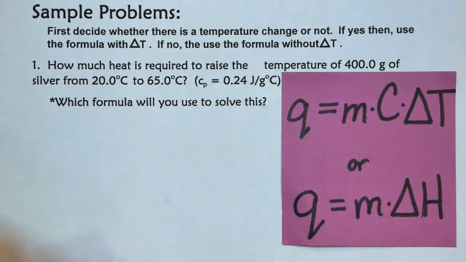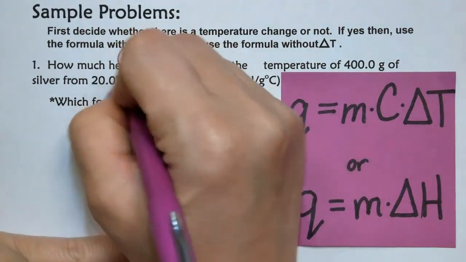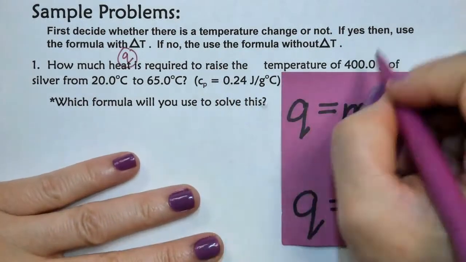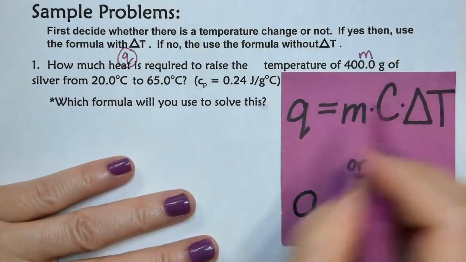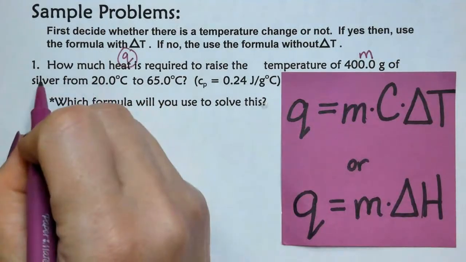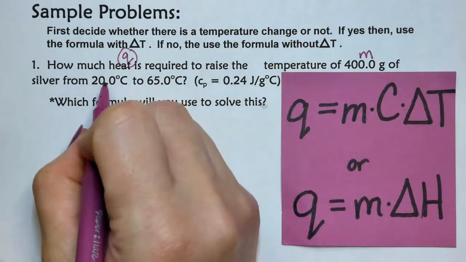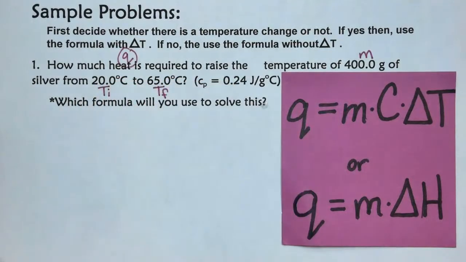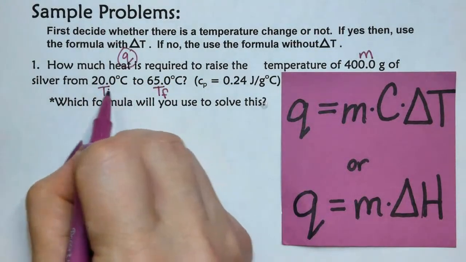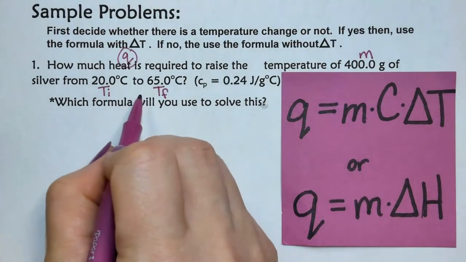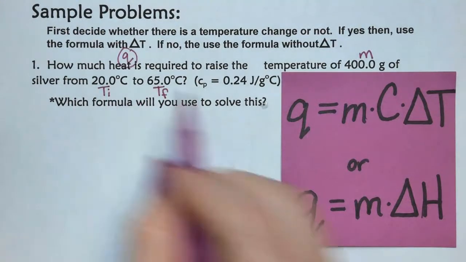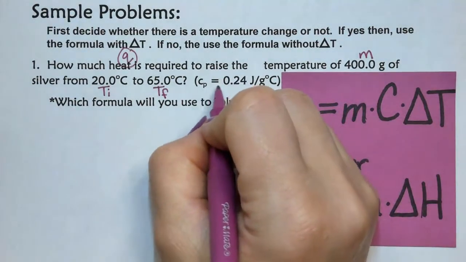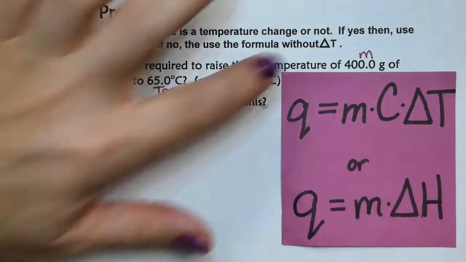How much heat, meaning we want to find Q, is needed to raise the temperature of 400 grams, this is our mass, of silver from 20 degrees to 65. This is an initial temperature and this is a final temperature, and since we have a change in temperature, that means we have a delta T, so we're using this first equation. We also have the value of the specific heat there.